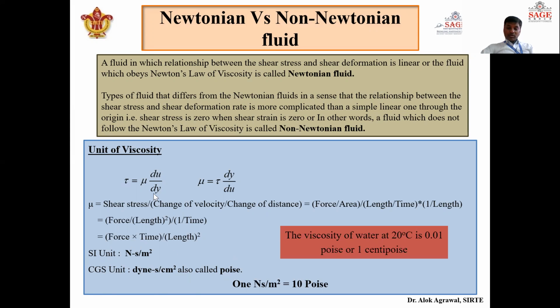Because the viscosity of most fluids is very low. The viscosity of water is 0.01 poise or 1 centipoise. So generally the viscosity of a fluid is given in terms of the CGS unit, because the SI unit is quite big for defining the viscosity of any fluid.